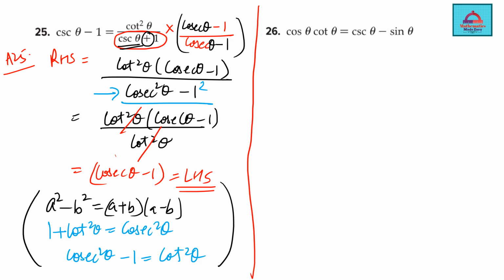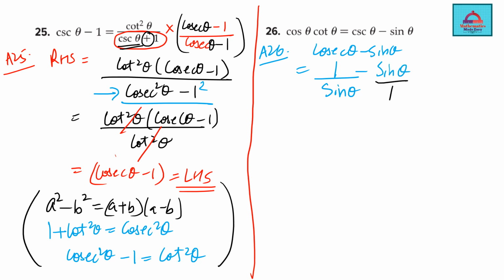Let's do 26. I start with the right side. So cosecant theta minus sine theta. Let's see what we can use here. Yes, we can use the reciprocal identity. Cosecant is the reciprocal of sine. So I'm going to use that, and also I have to make the denominators equal.